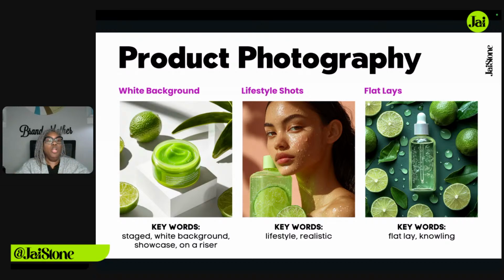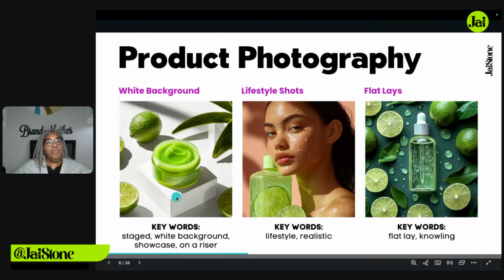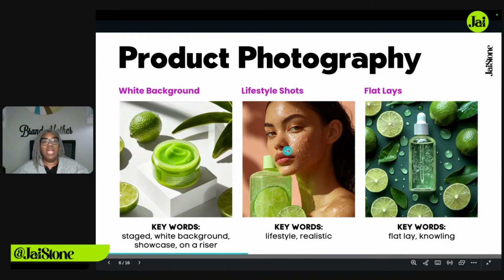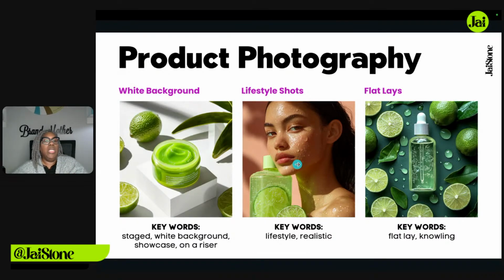Retail shelf. And on a riser, this little white box thing that it kind of sits on is called a riser, okay? R-I-S-E-R. So then with lifestyle shots, you can say lifestyle, right? This looks like whatever this lime green, lime extract product line is that I made up, okay?